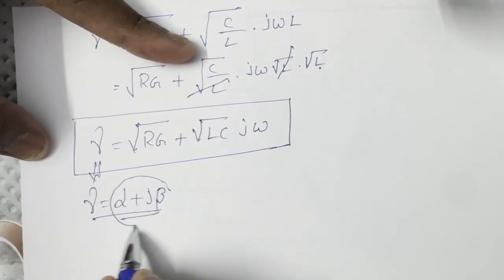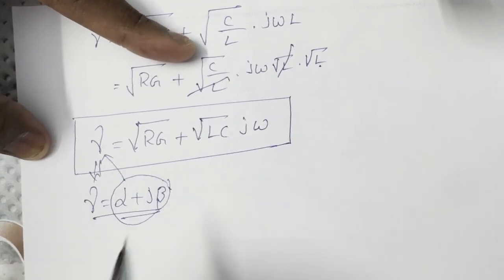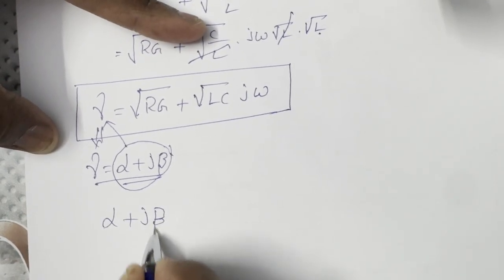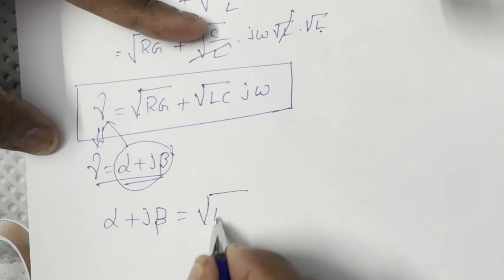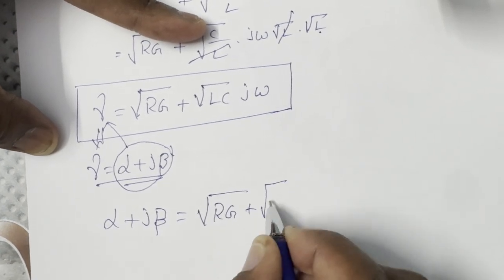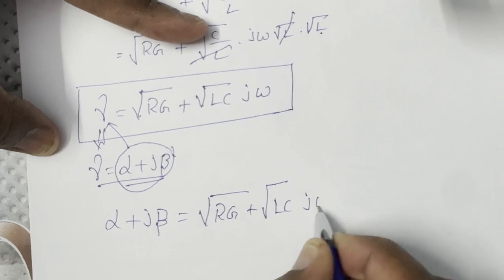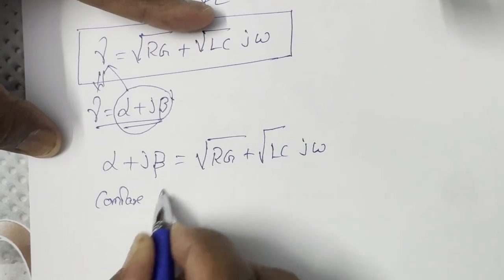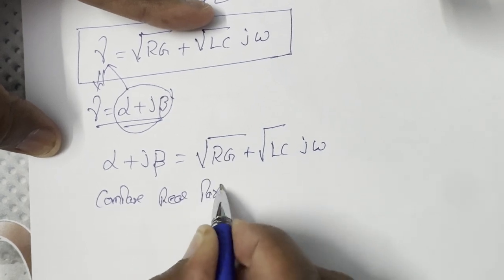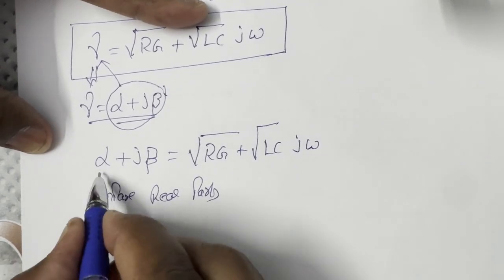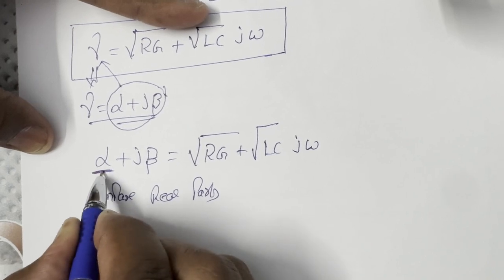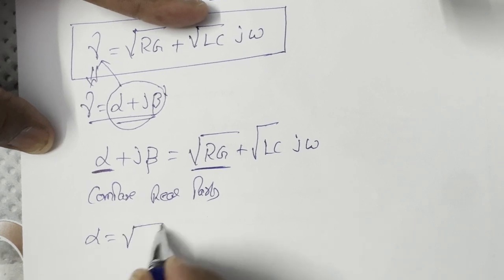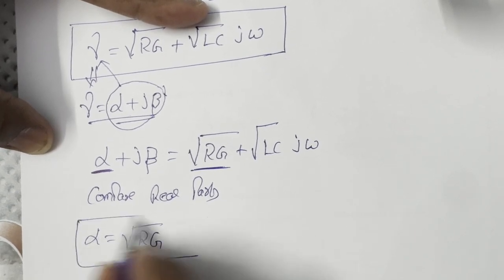Substituting, alpha plus j beta equals root RG plus root LC into j omega. Now compare real parts. On this side the real part is alpha, on the other side it is root RG. Then alpha equals root RG.